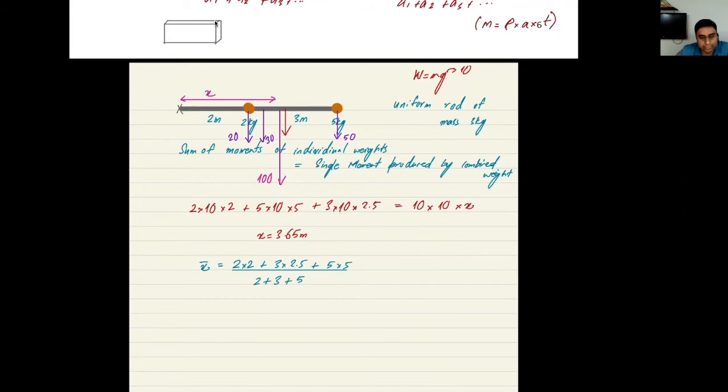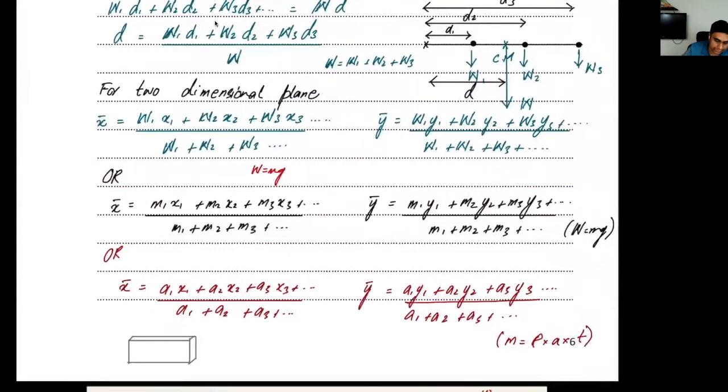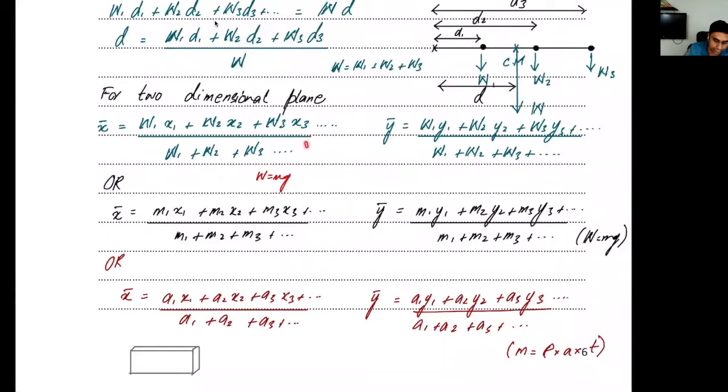And that will give me the point where the center of mass would be. And hence, guys, more importantly, we'd be using either this formula or this formula. That's what we're going to be doing.